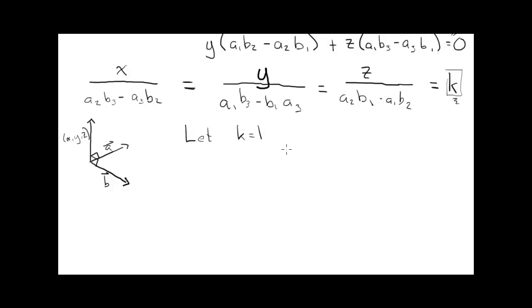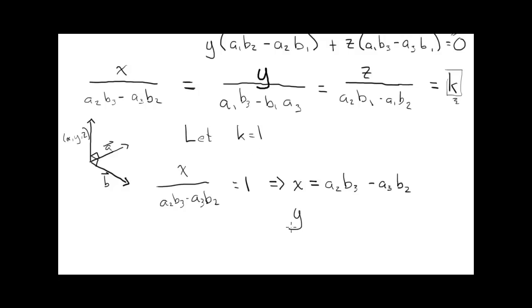So if k is equal to 1, then x over (a2 b3 minus a3 b2) is equal to 1, which means x equals a2 b3 minus a3 b2, and then similarly you could do the same thing for y.